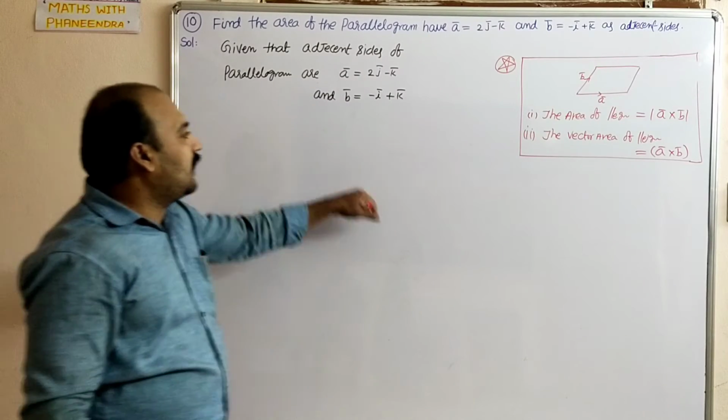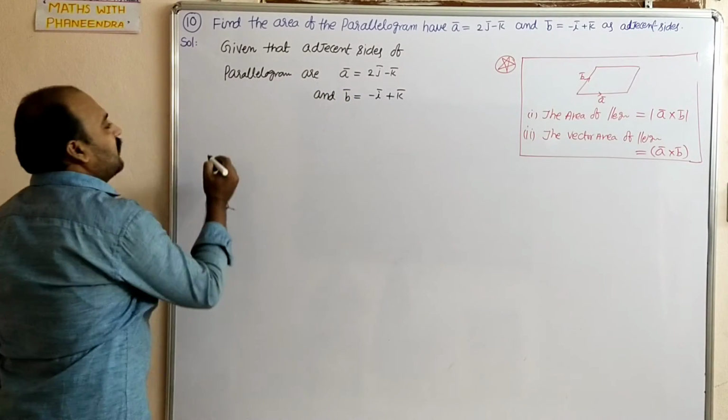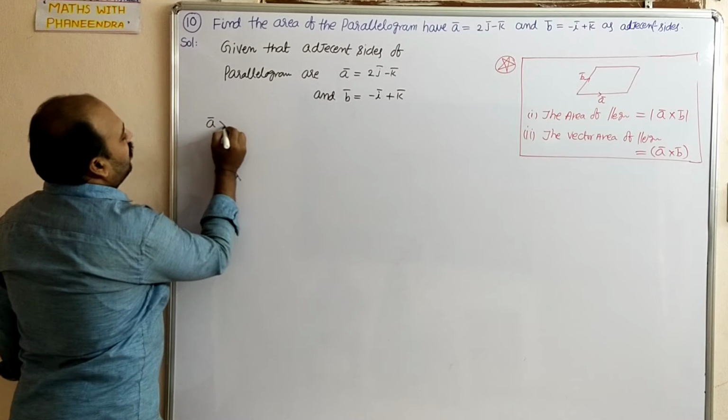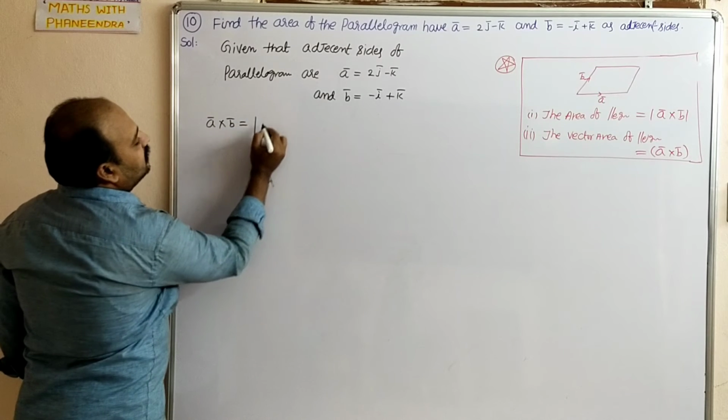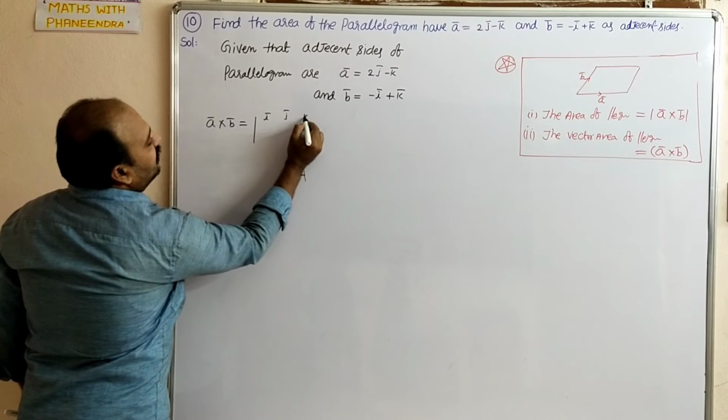So we need to calculate A bar cross B bar. So first A bar cross B bar, calculate i, j, k.